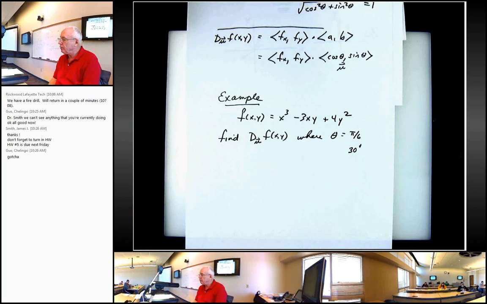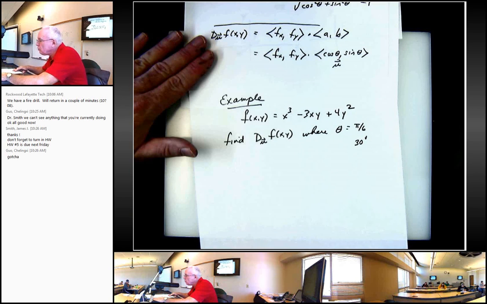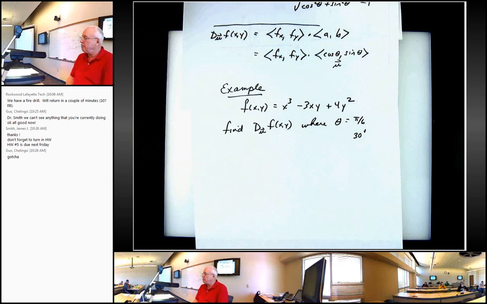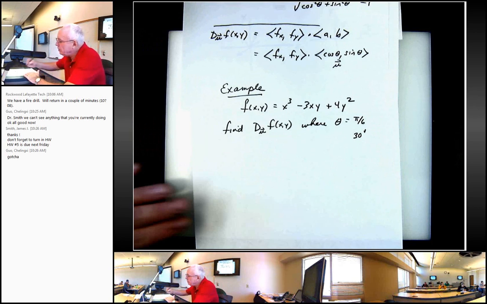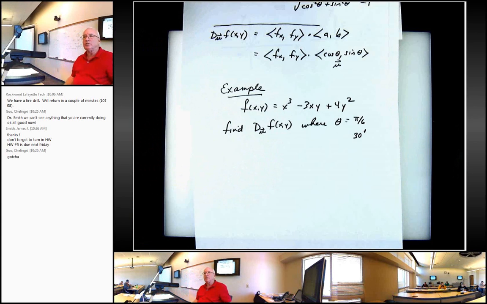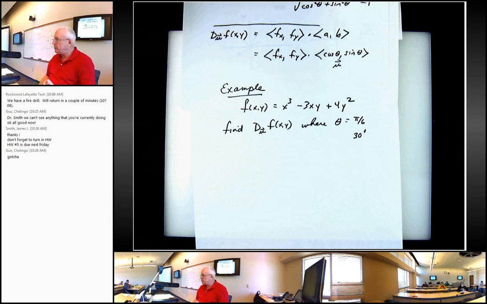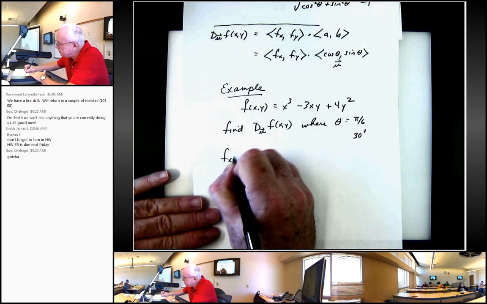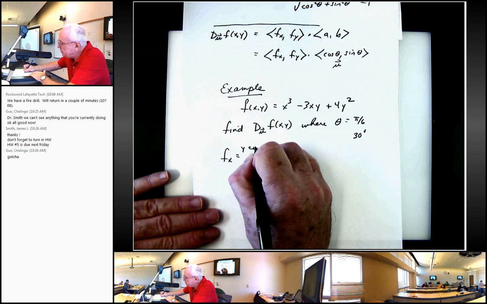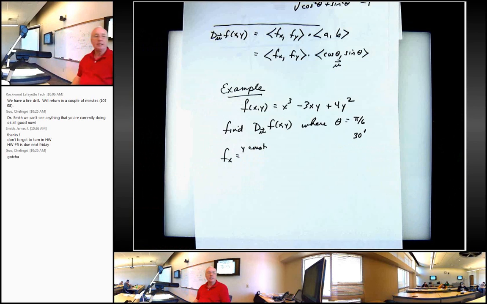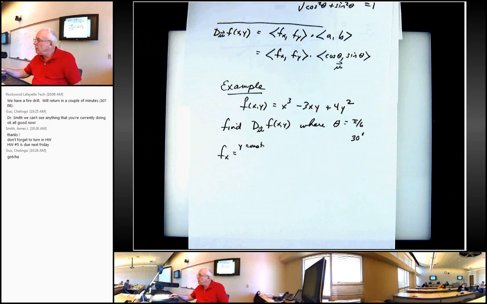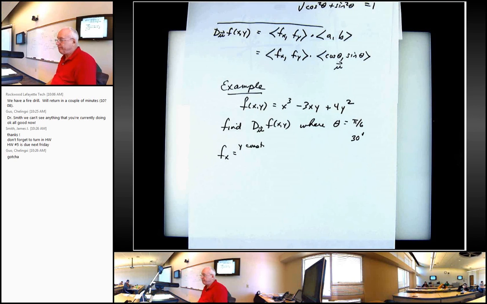Basically we're going to use our formula up here and figure it out. Obviously, to get the directional derivative, you have to get fx and fy. So let's get fx. That means y is a constant for that function, and go term by term.